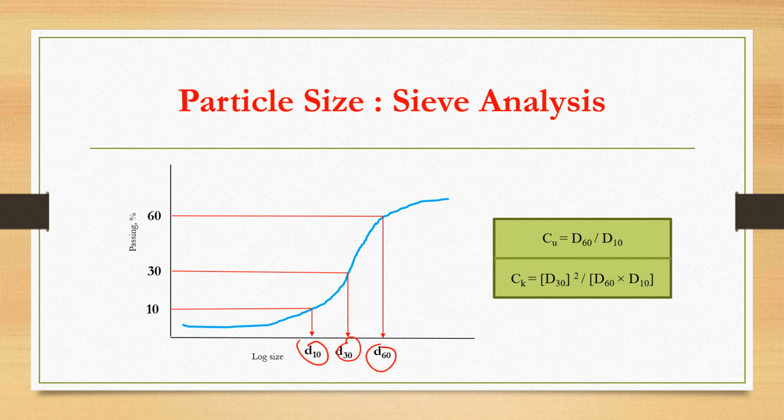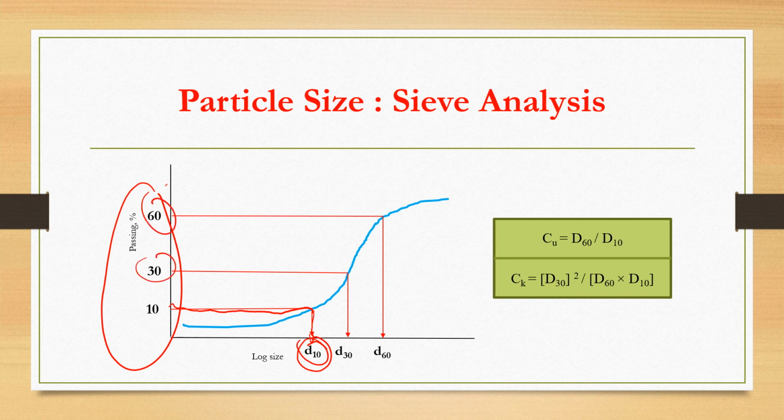This is percentage of particles passing. To find D10, go to 10%, move to your curve and go down to the size here. This is your D10, the maximum size of the smallest 10% of your sample. The same thing for D30 and D60.